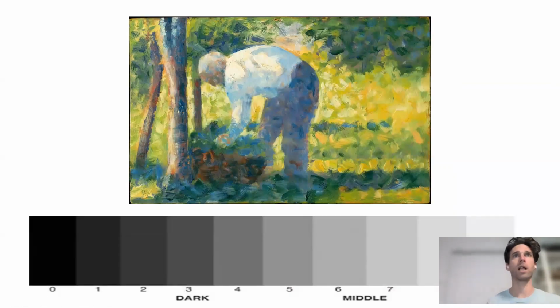This is the classic impressionist historical context in painting, where we have Seurat, a painting of the outdoors and sunlight sparkling and reflecting off of the objects of our world and represented in paint.